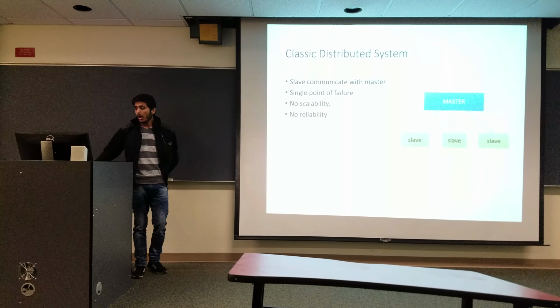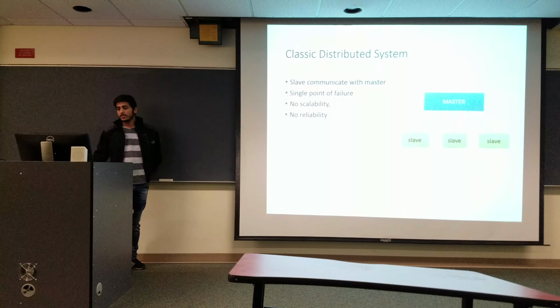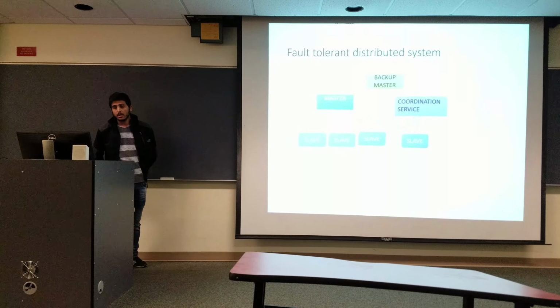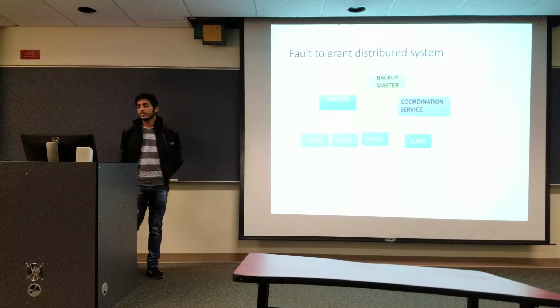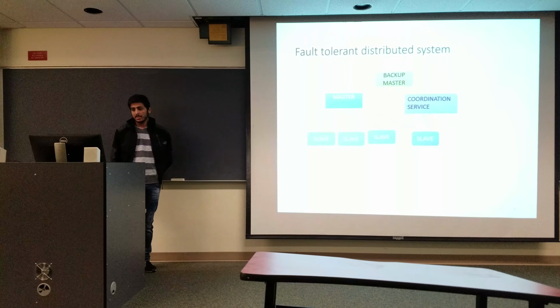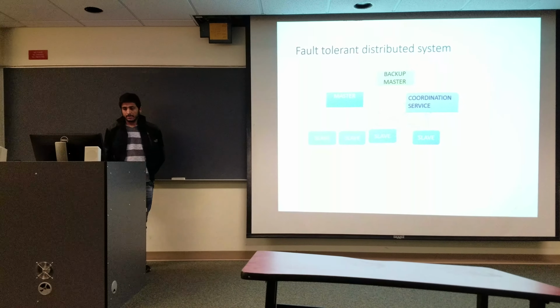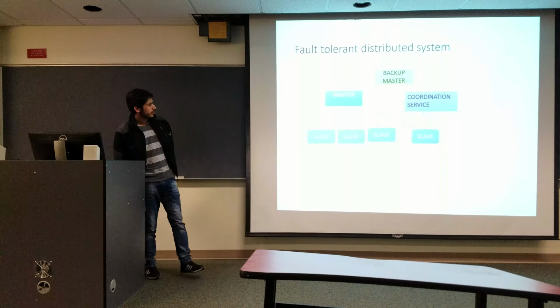To cover the cons of this distributed system, the fault-tolerant distributed system came later, in which we have a backup master in addition to the master, and also a coordination service. In this form of distributed system, there is a master and there are slaves.